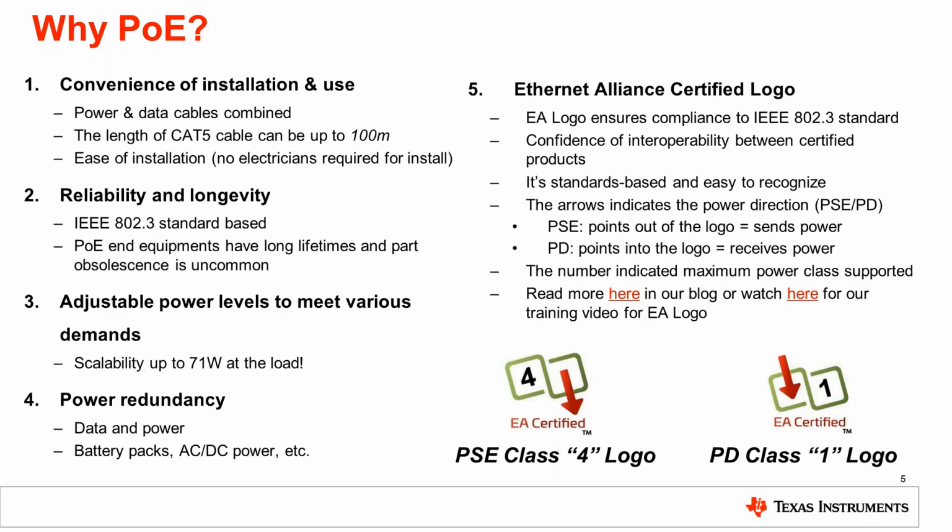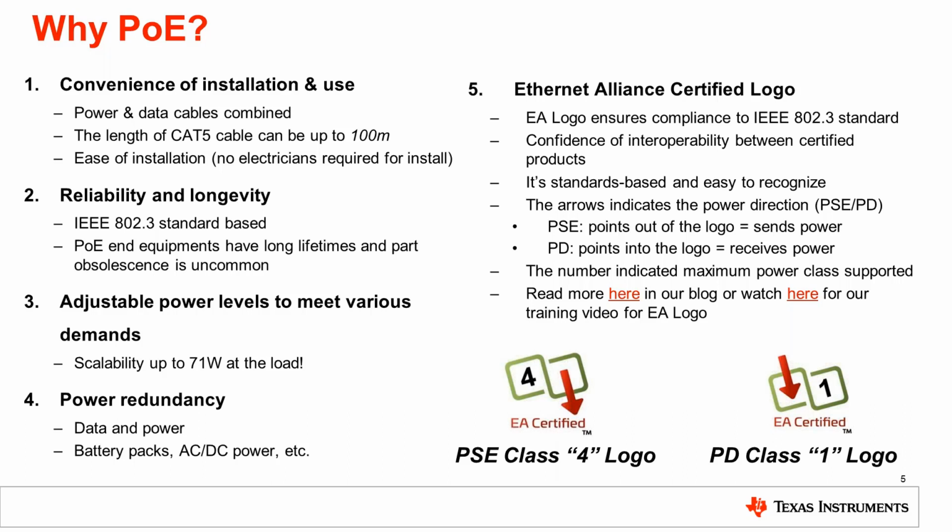What this translates to from a customer perspective is, if you are able to get an EA certified logo on your end equipment, from a marketing perspective, this highlights to the industry that your end equipment is going to be interoperable with other end equipment that meet this IEEE standard compliance.